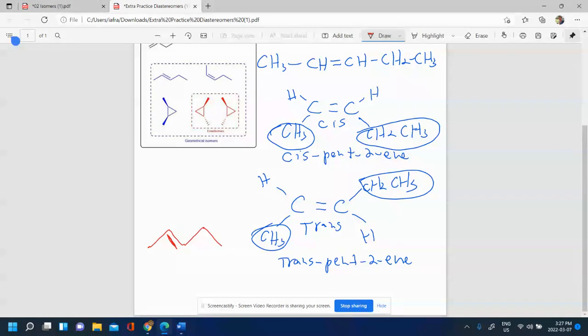And this indicates trans because if you think about it, your carbon group, the CH3 group, this one here, is down here, and then the other group, this group here, is essentially here and here. So it's on the opposite side of the double bond.